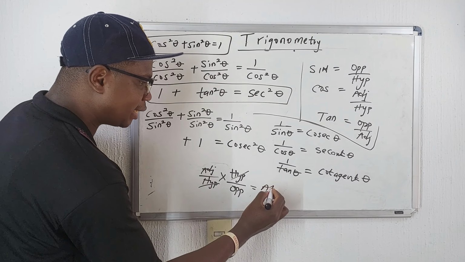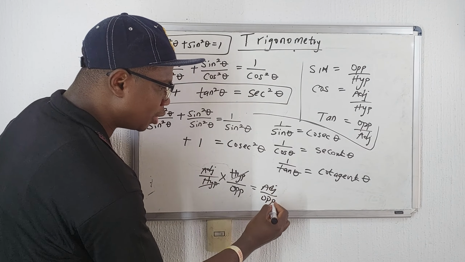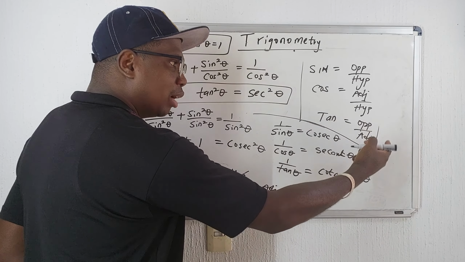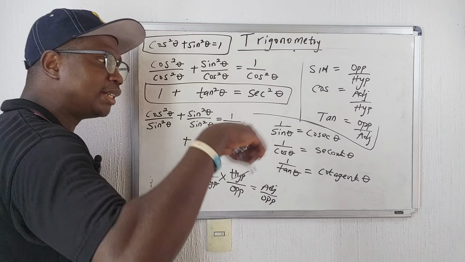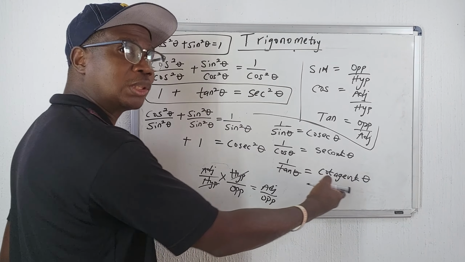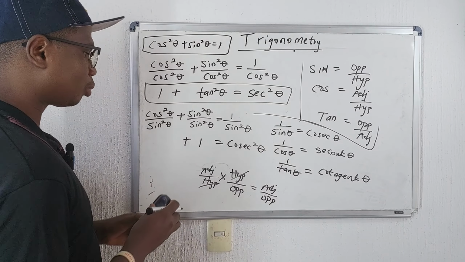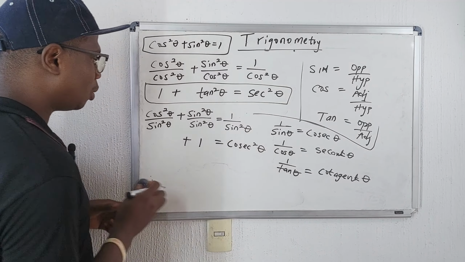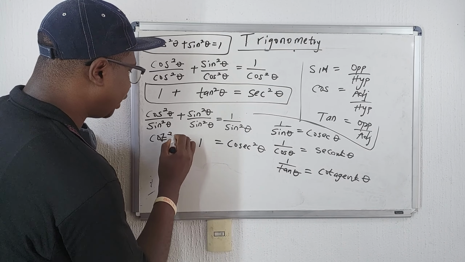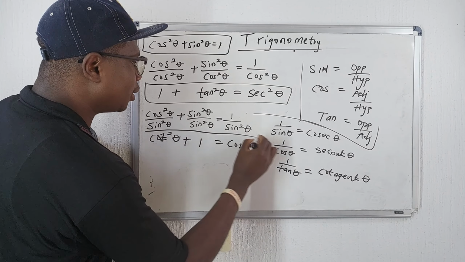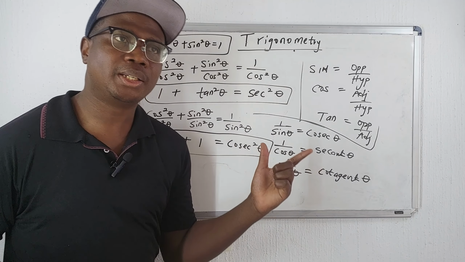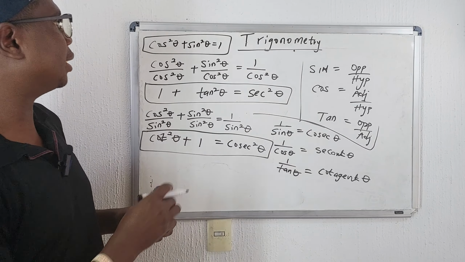But we know that tan theta is opposite over adjacent, so the inverse is cotangent of theta. So cos over sine squared is cot squared theta.